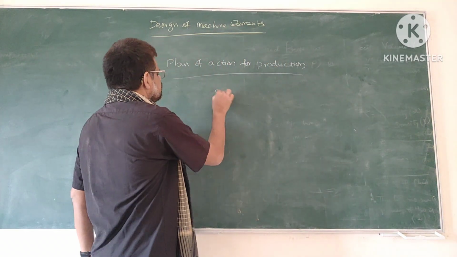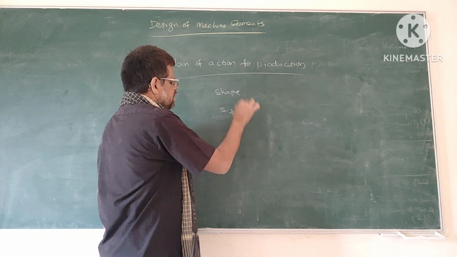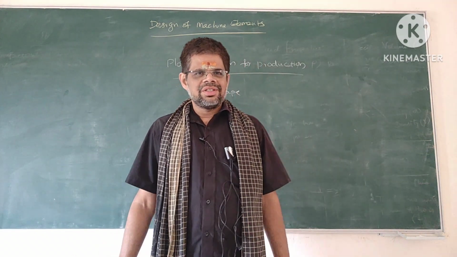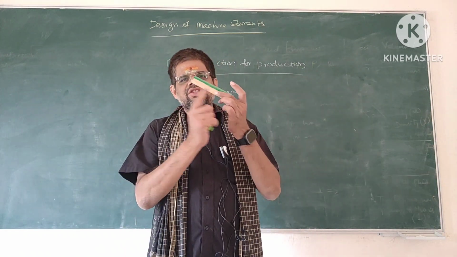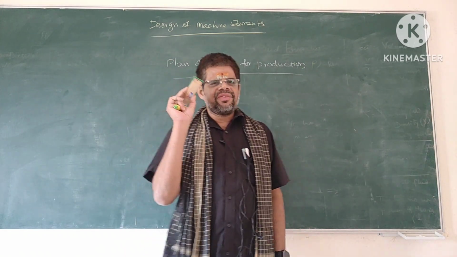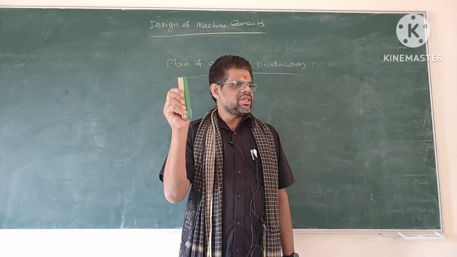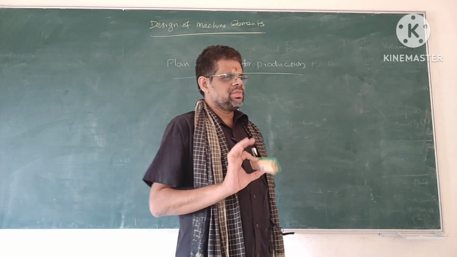So you have to determine the shape and size. For example, you have decided that this rectangular solid shape is perfect because the teacher has to hold this firmly. So this shape is perfect other than cylindrical, right?